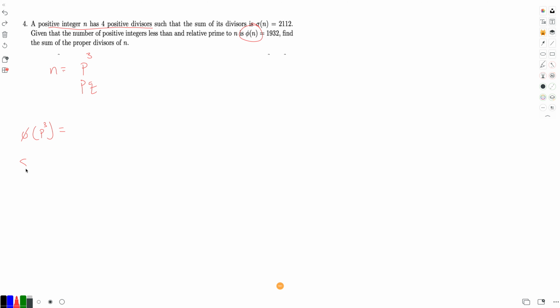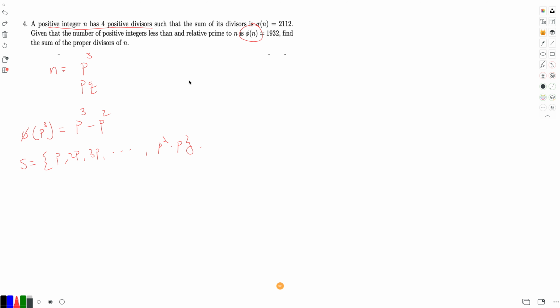So let's list them: p, 2p, 3p, and all the way until p squared times p are all not relatively prime to p cubed because they share a common factor. In total, from 1 to p squared, this is p squared numbers. So we have p cubed total elements and we subtract off p squared.